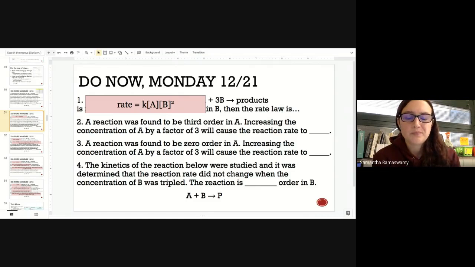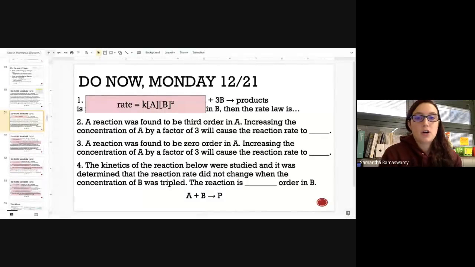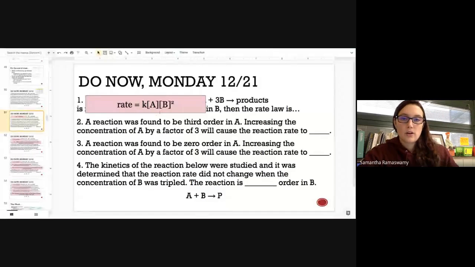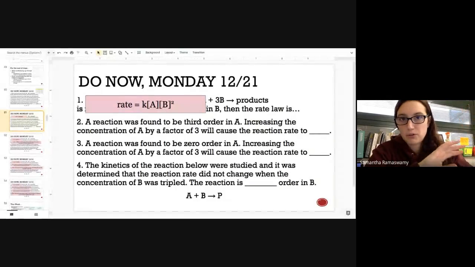For number 2, a reaction was found to be third order in A. So A is a third order reactant. Increasing the concentration of A by a factor of 3 will cause the rate to do what? Remember, if it's 0 order, concentration has no effect on rate.